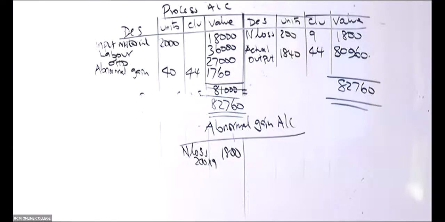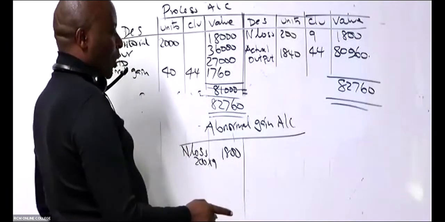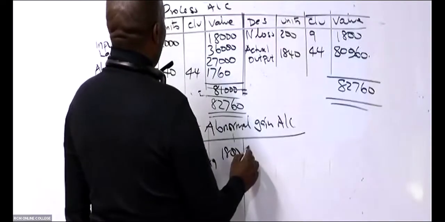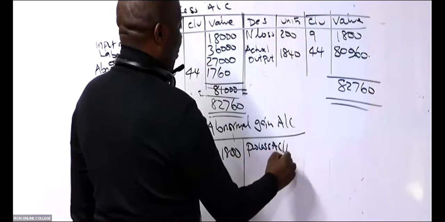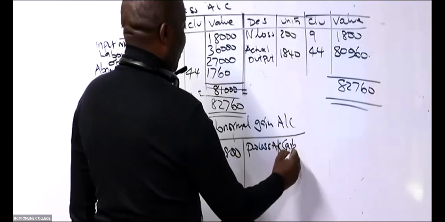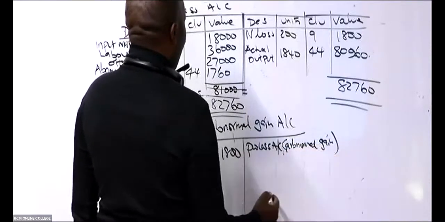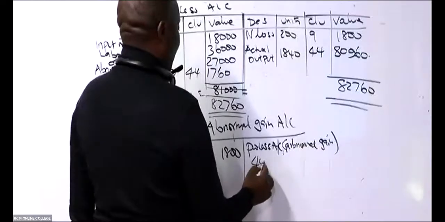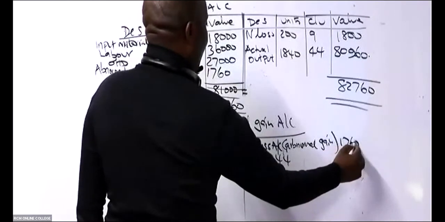And then we have abnormal gain. It's debited here, so it shall be credited. All right. So we have here from the process account, abnormal gain. It is 40 at 44, giving us 1,760. Great.